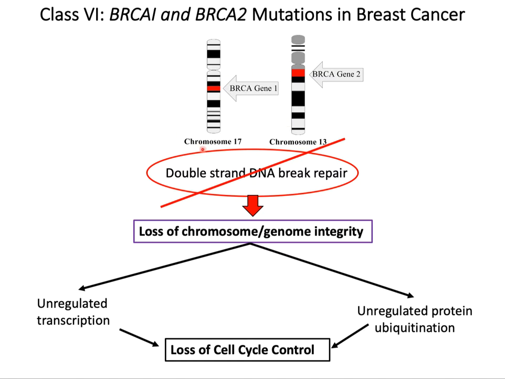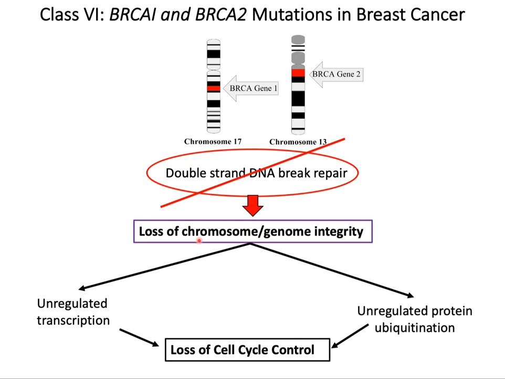So how do these mutated genes cause cancer? The BRCA1 or BRCA2 gene products repair double-stranded DNA breaks involved in homologous recombination, where the homologous chromosome is providing the template. So an impaired or loss of function of these DNA repair proteins can lead to gross chromosomal loss, rearrangement, or translocation.